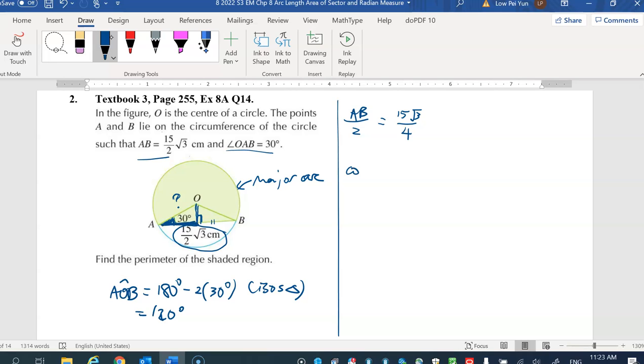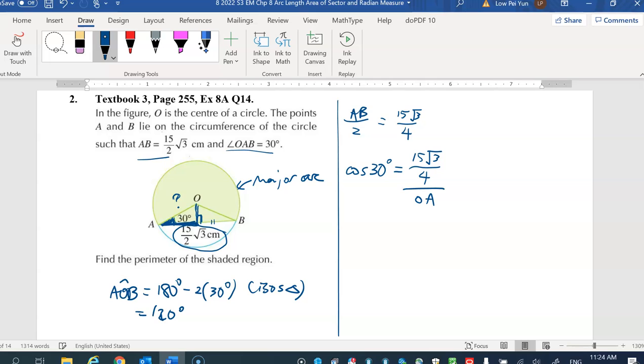So I use cosine. 30 degrees is adjacent, which is half of AB, which is 15 root 3 over 4, divided by OA, which is the radius I need to find.